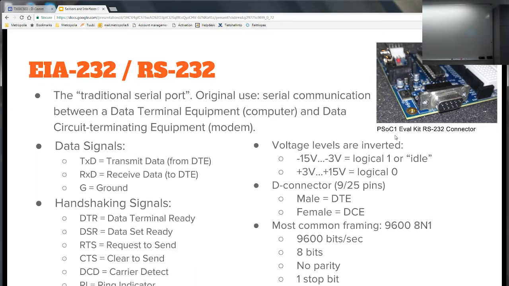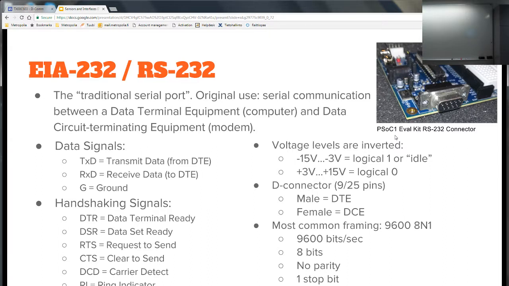Okay, this piece of board actually has a standard driver and those standard signal levels. All right, so yeah, D connector, either 9 or 25 pins. 25 pins is again a little bit older technology than 9.